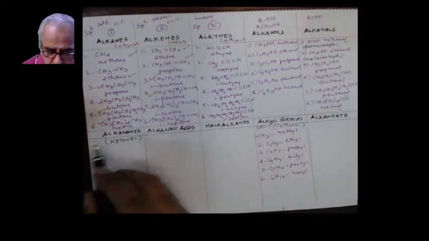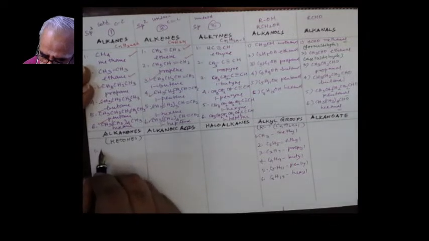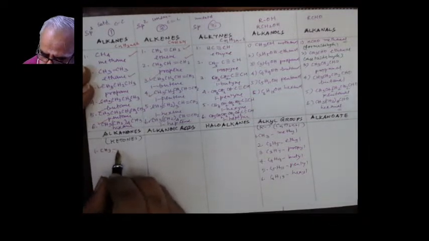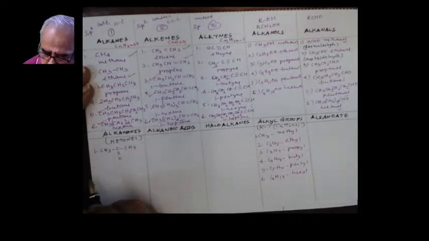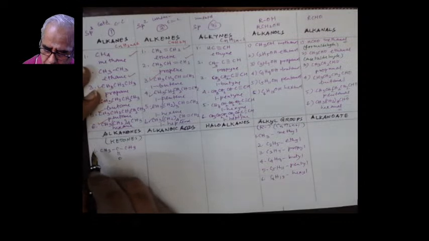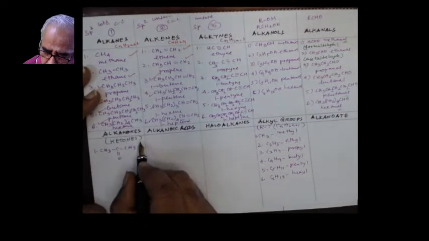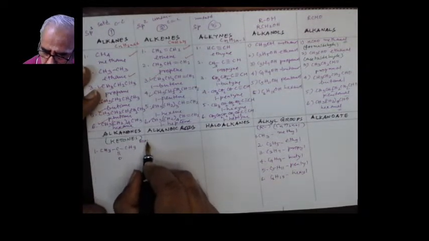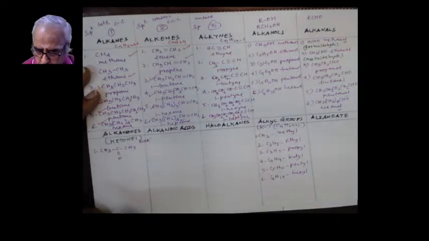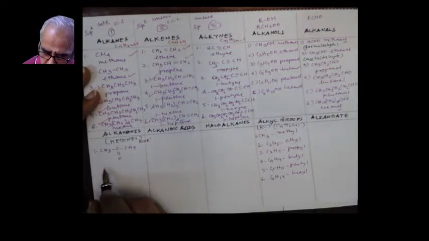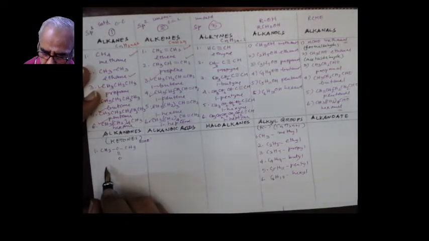Then, now we have ketones. The first member is acetone, that is CH3, C double bond O, CH3. So the general formula is RCOR. You can put prime also. And what do you call it? This is called acetone.